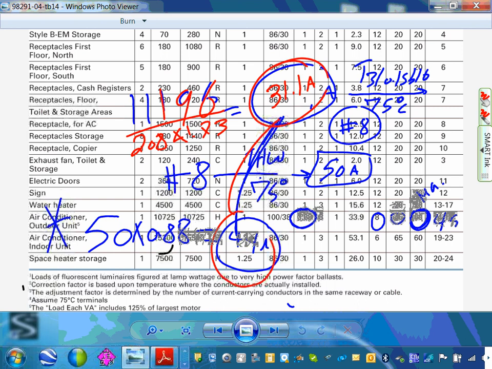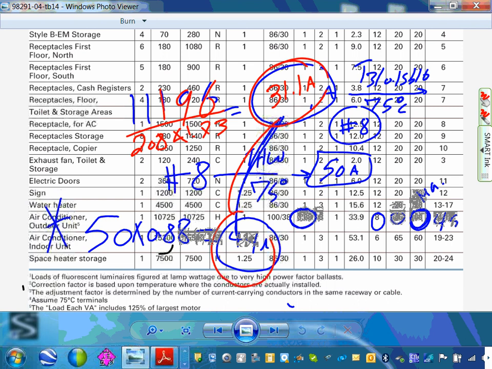They multiply by 125%. Includes, or you have to multiply it. So if you multiply this by 1.25.